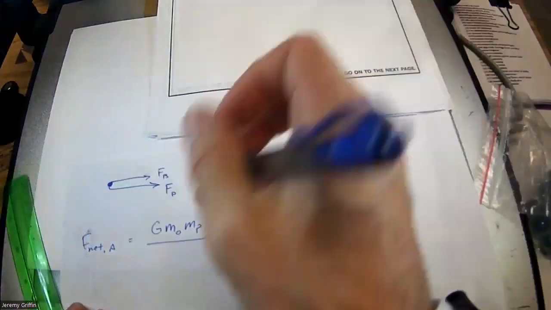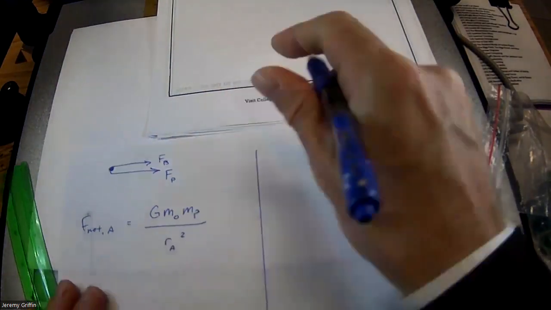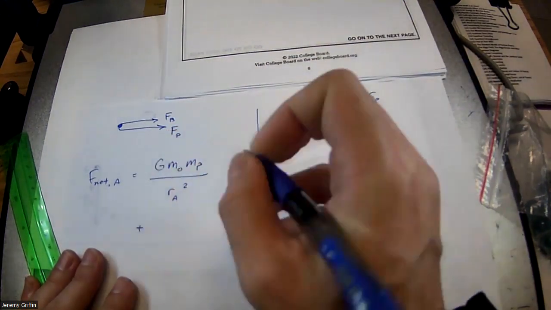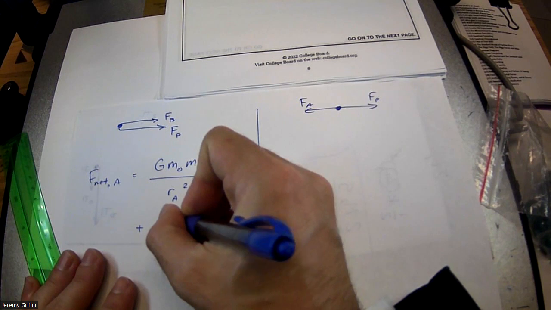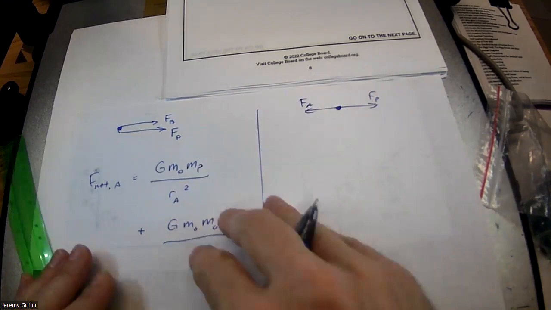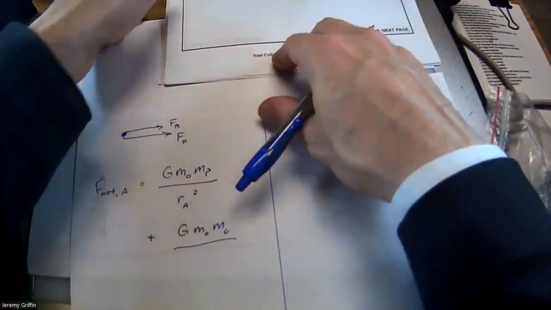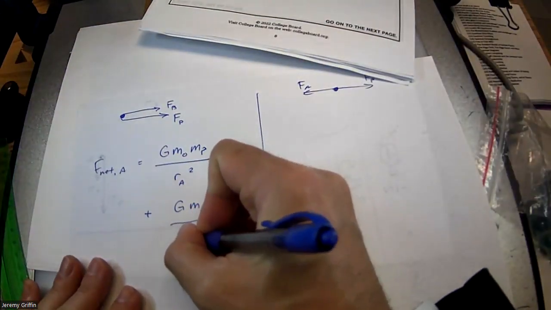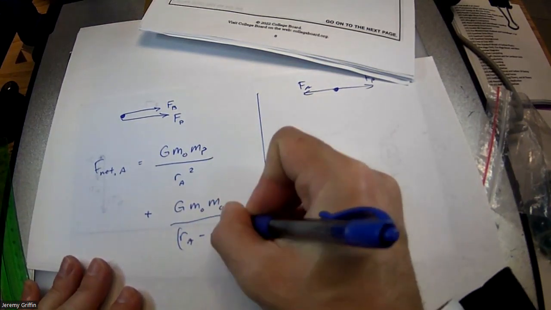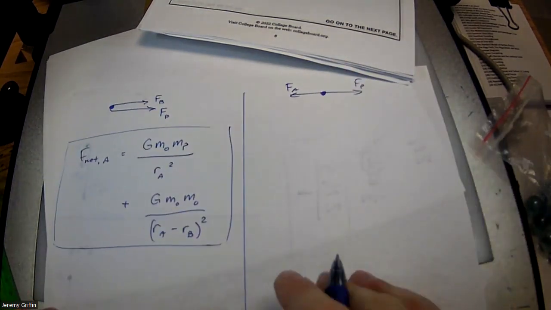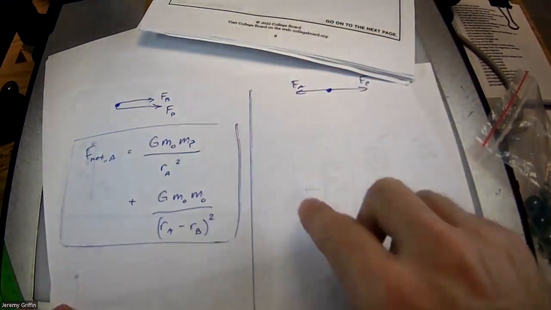And because that's a plus, G M naught, and you could have said M naught squared, that would have been fine too, divided by the difference between these two, RA minus RB, squared. Sorry, I got kind of a broken line solution there. But the net force is this plus this.